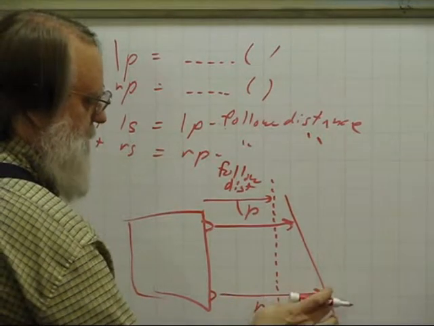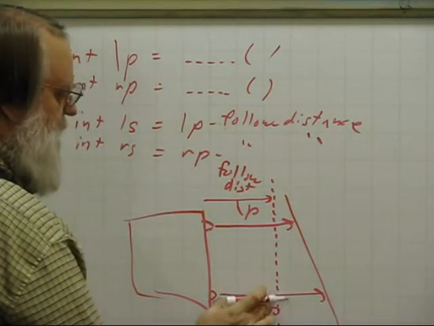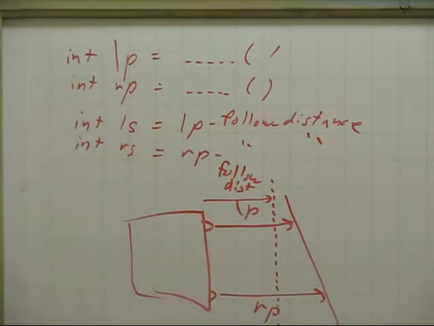Similarly here, this distance is larger than the follow distance. So again, we'll get a positive. Things larger. This is back. Right. Okay.